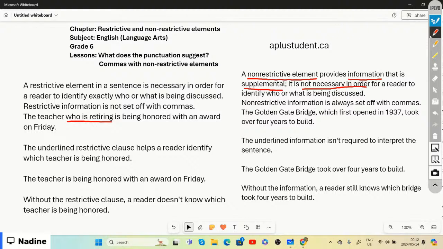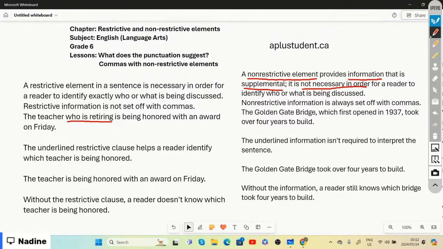All right, so I'm going to explain again. A restrictive element in a sentence is necessary for us to identify who or what is being discussed. They made an example of the teacher who's retiring is being honored with an award.